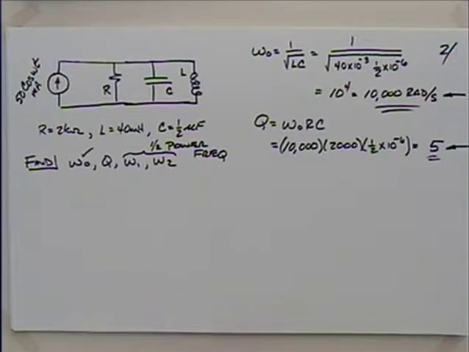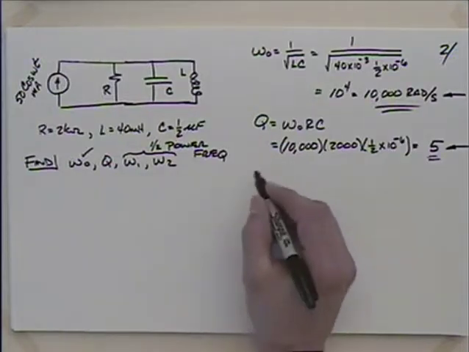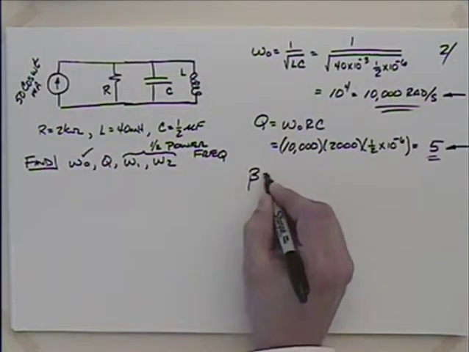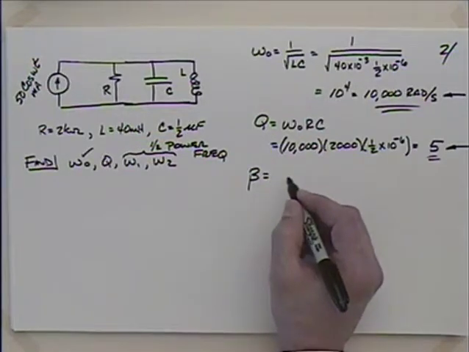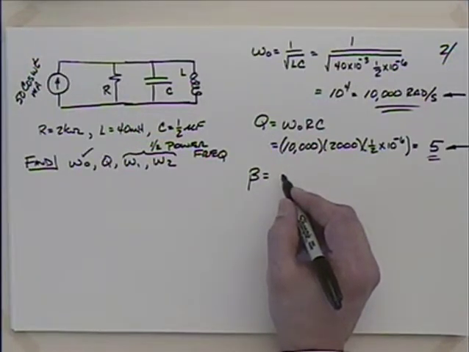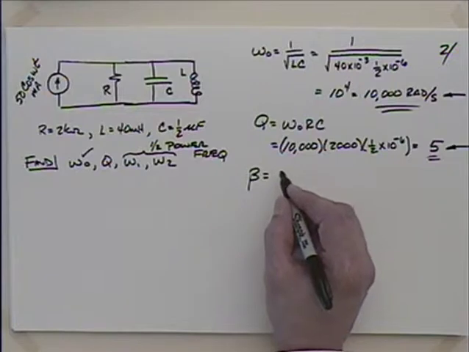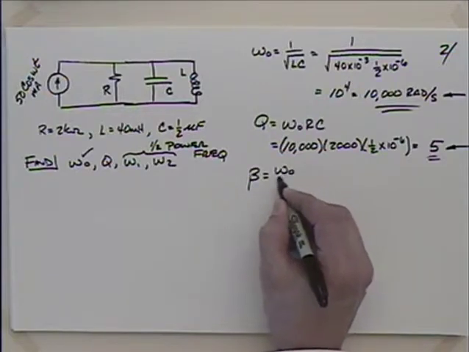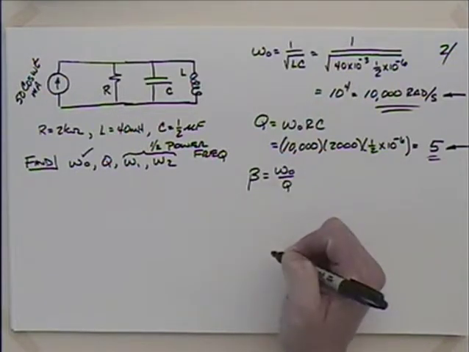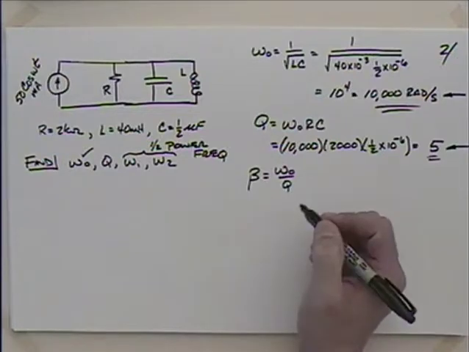Let's see. I don't think we were asked for it, but let's look at the bandwidth. Can I calculate the bandwidth? I should be able to say that that's just omega naught over quality, right? Does that work? Yeah.